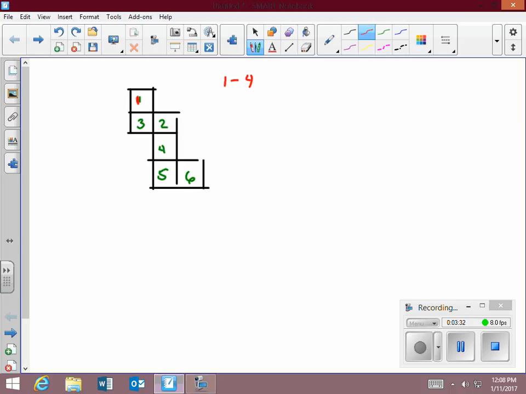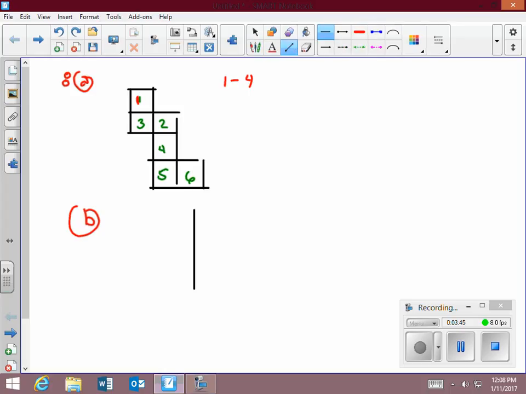This is 8A. And B1. Terrible when you have to draw this.